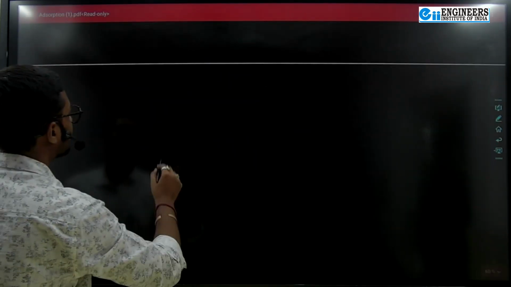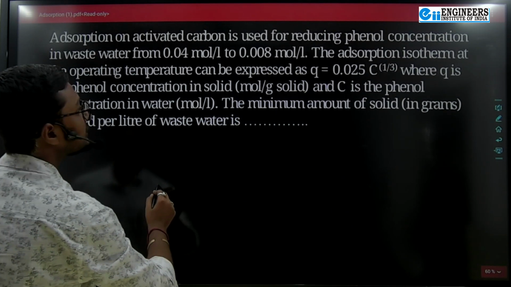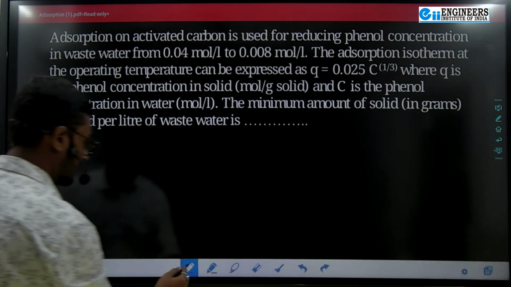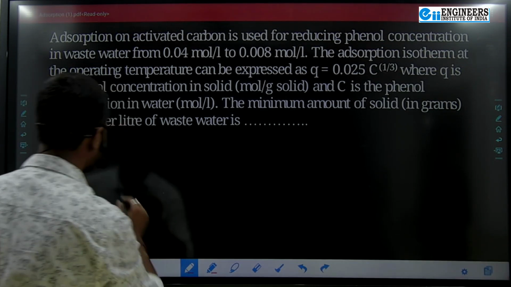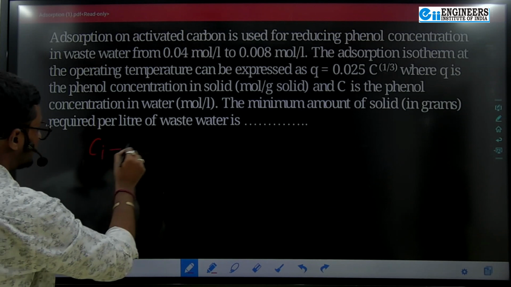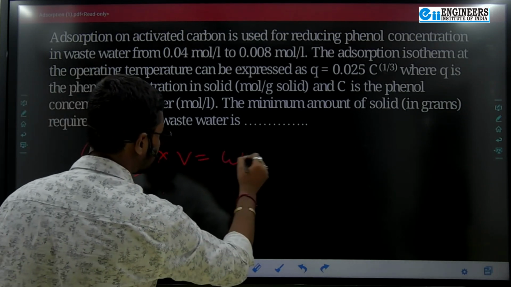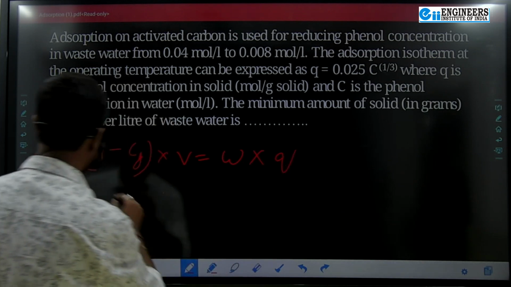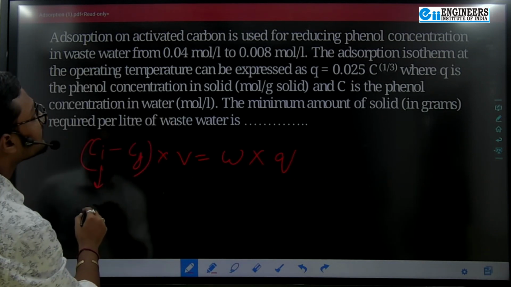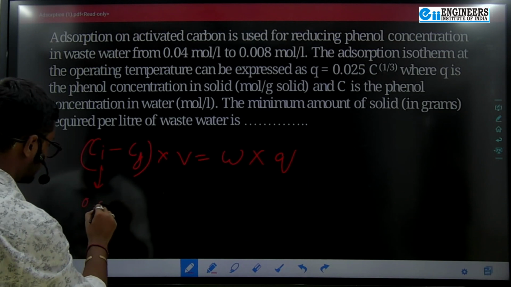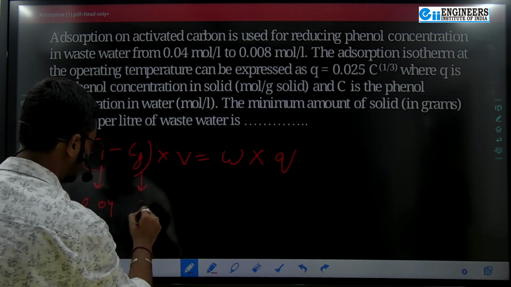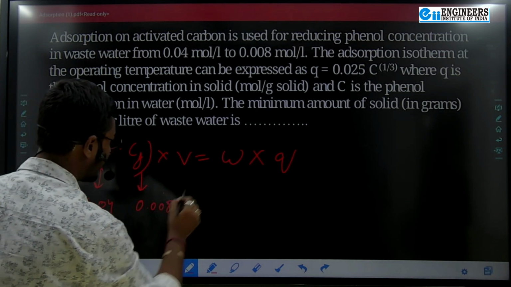Now let's go back to the numerical part. We knew that (Ci minus Cf) into V equals W into Q. So our Ci value is given as 0.04, Cf value is given as 0.008.